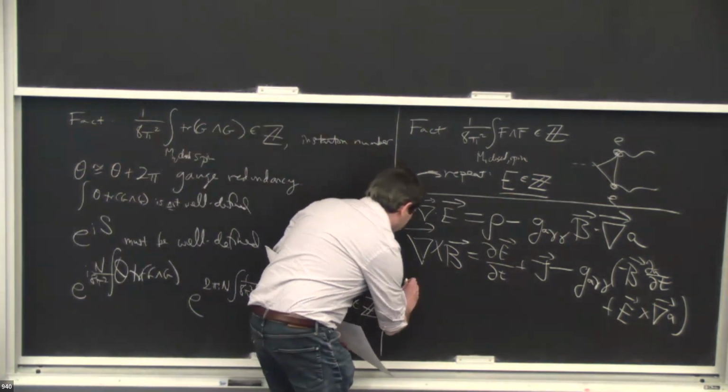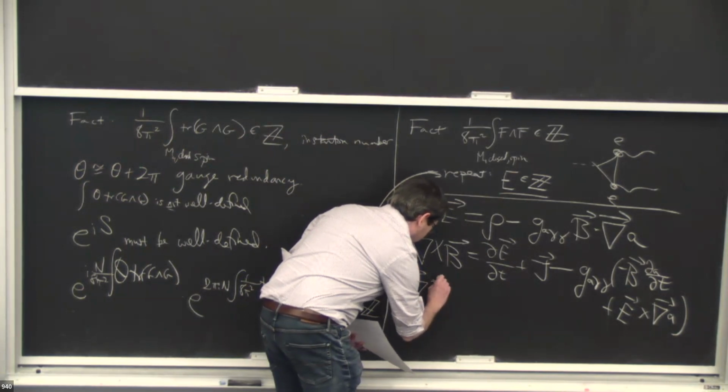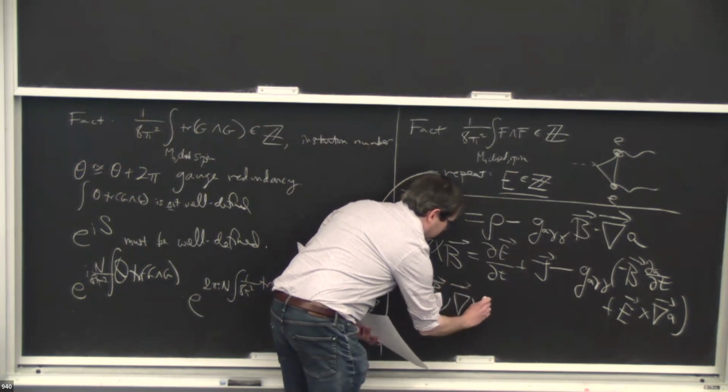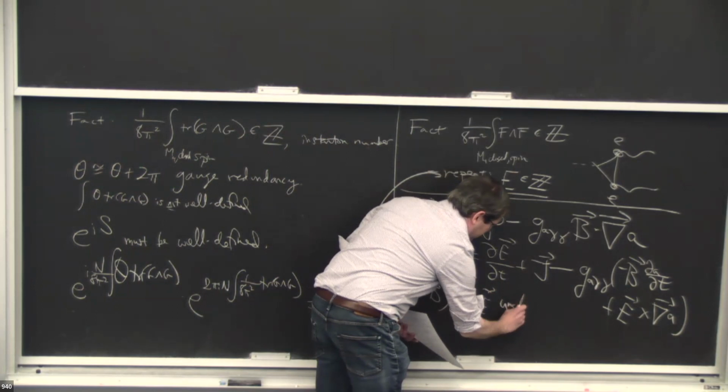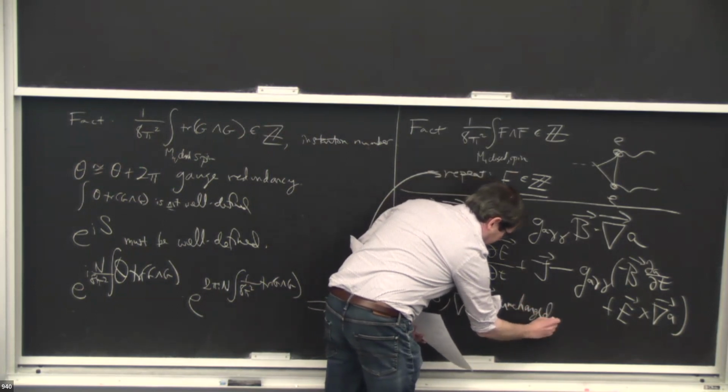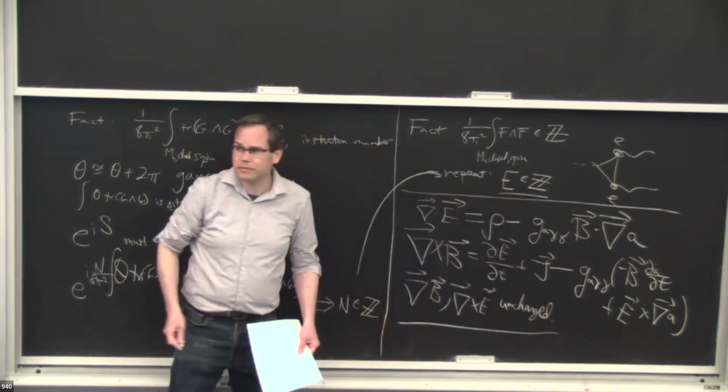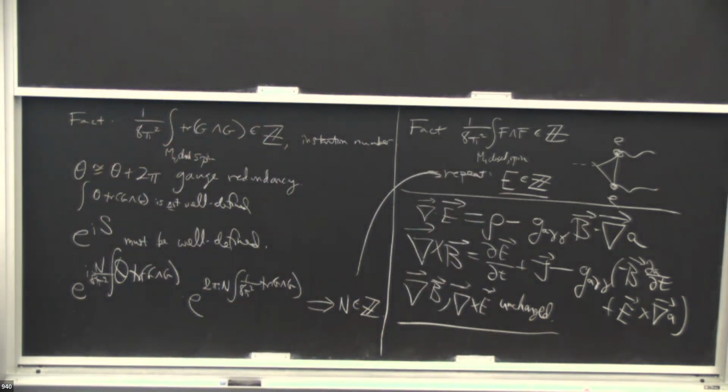And it turns out the equations for divergence of B and curl of E are unchanged. Okay, so these are the equations that you get in the usual way. Just start with this action, vary the field, see what happens.